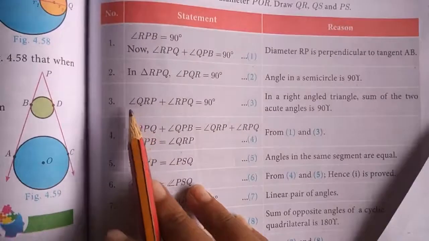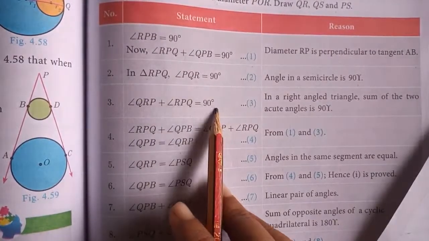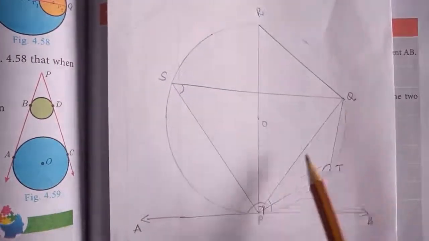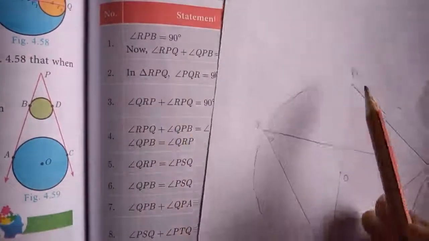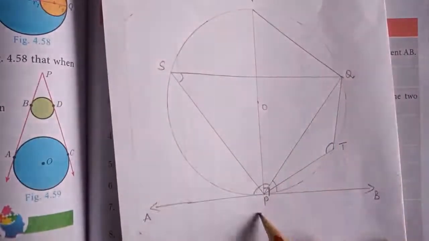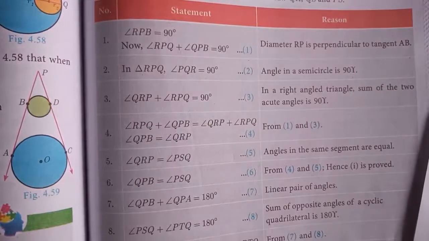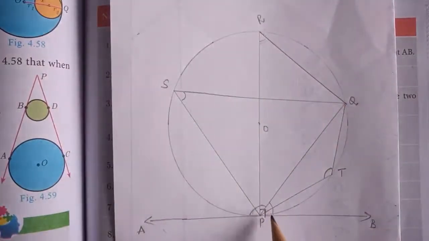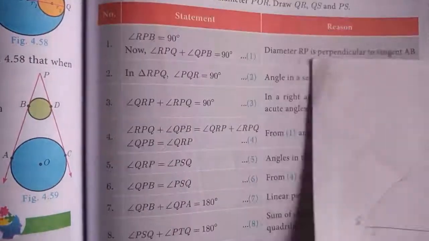Then angle QRP plus angle RPQ is equal to 90 degree. So QRP plus RPQ, if we add these two, we get 90 degree.